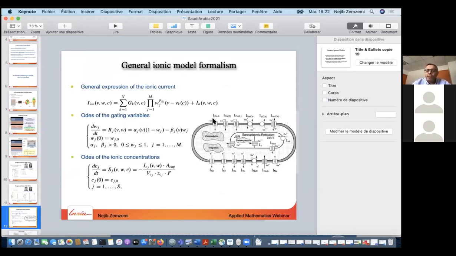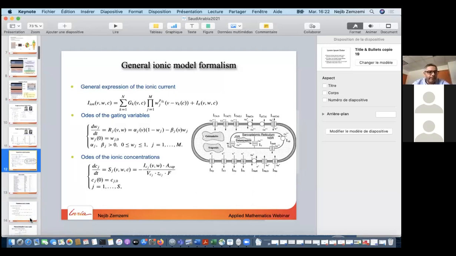They added calcium currents, different types of calcium current, different types of sodium current, different types of potassium current, and there are some exchangers, and the modeling becomes more and more complex and takes more and more details. But at the end, it's the same formalism as has been presented by Hodgkin and Huxley.